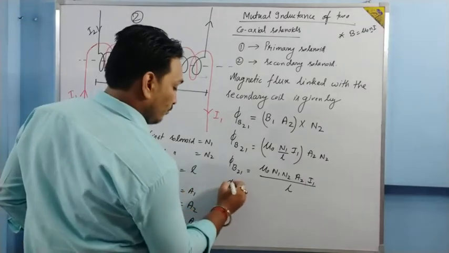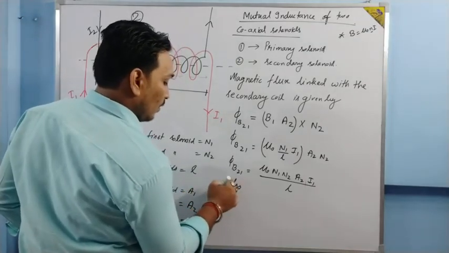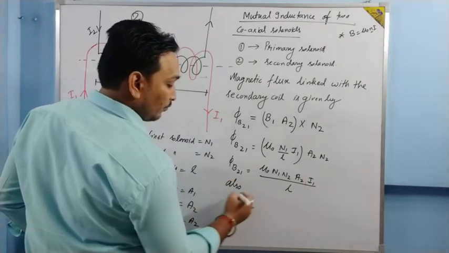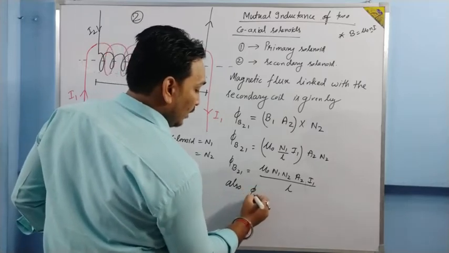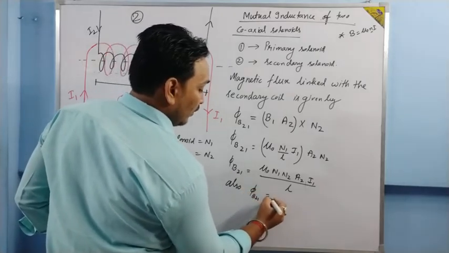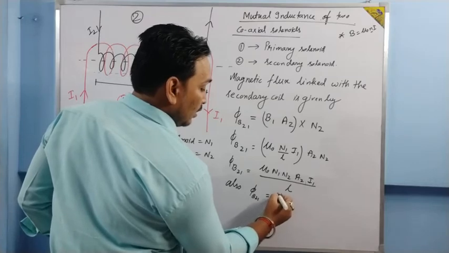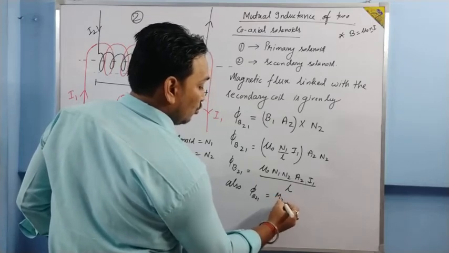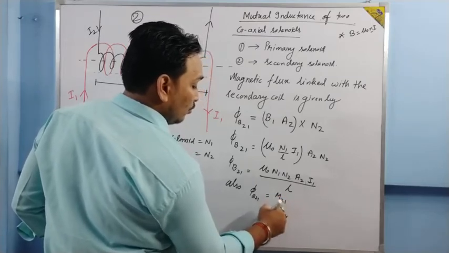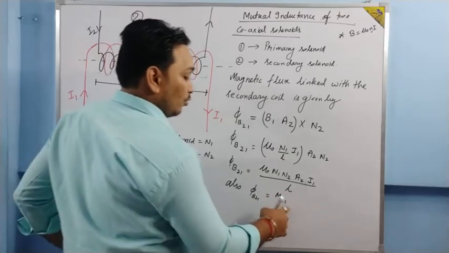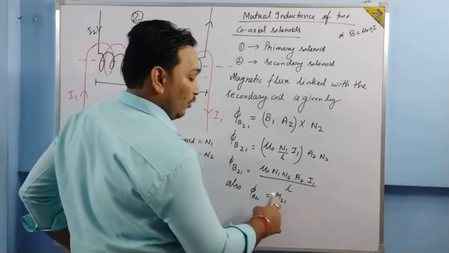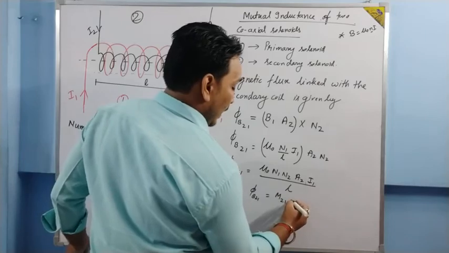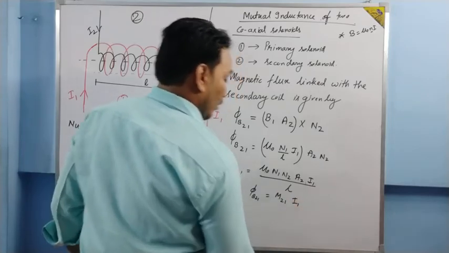Also, phi B is also given as M. M of 1 due to 2, M of 2 due to 1. It is written M of 2 due to 1 into the current in the primary coil.